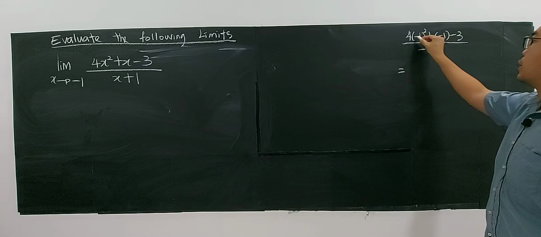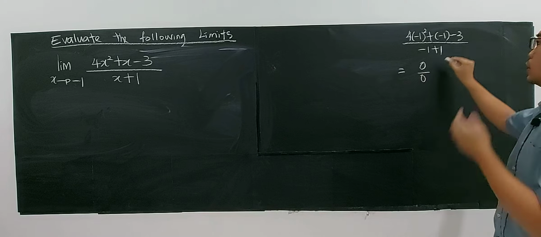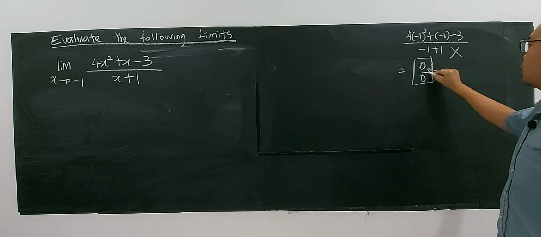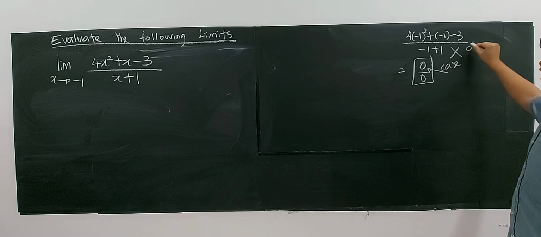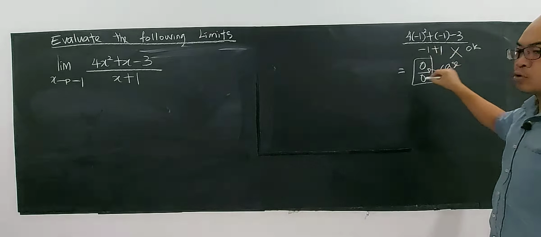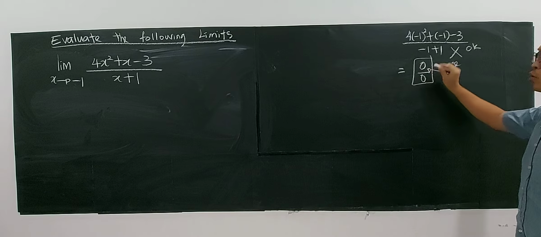If you calculate, you get 0 over 0. This is not okay, because if you directly substitute, you get 0 over 0, which is undefined.